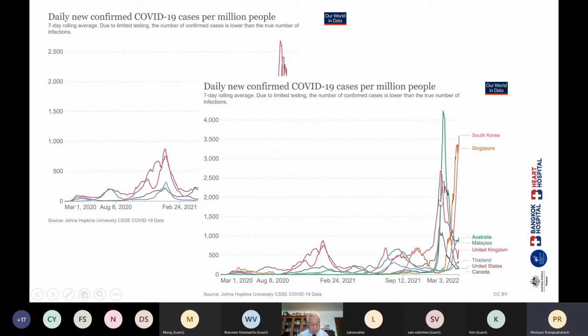And now on the 3rd of March, Korea is getting more than Singapore. And if you plot Hong Kong, it is here now. So it spread very quickly in 1 week. And the Thailand curve is going in an upward trend.